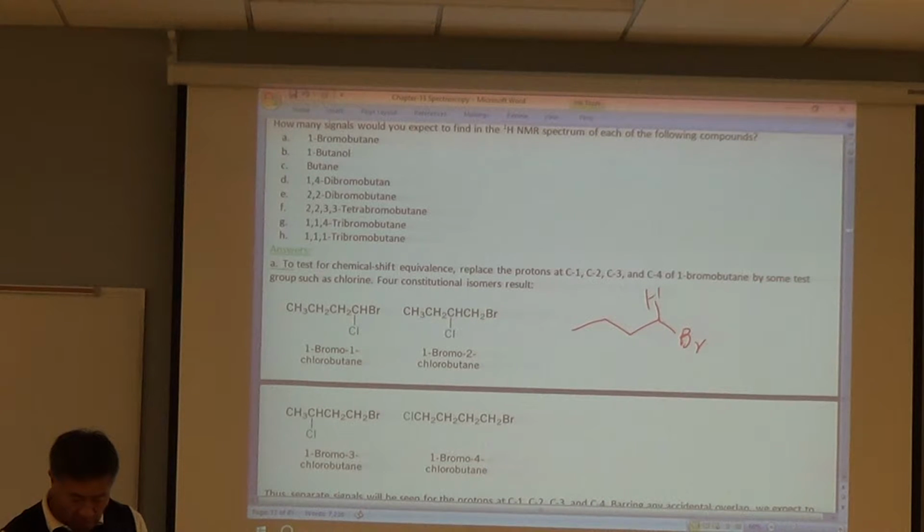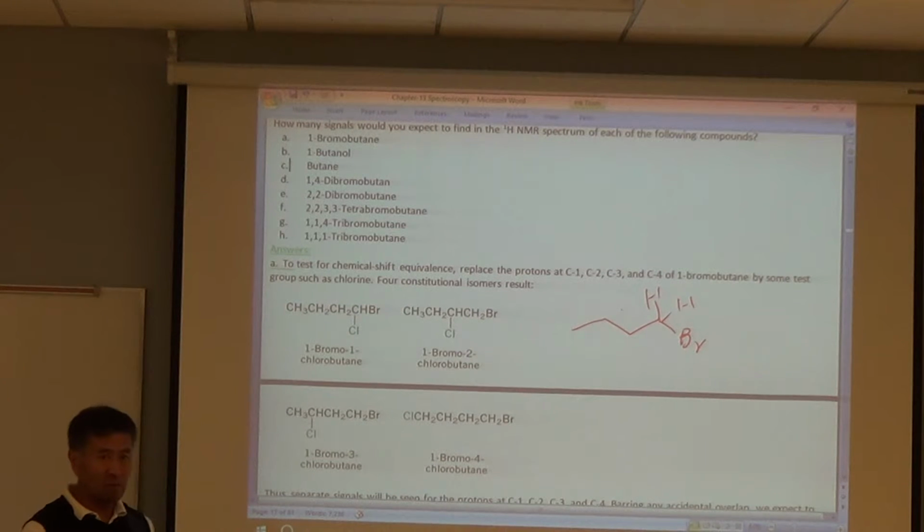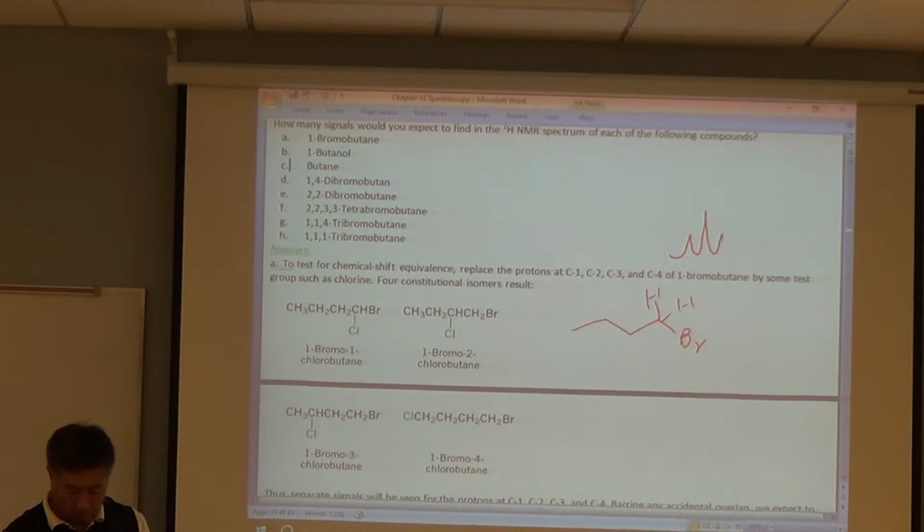So here you will have a 2H, and that will give you one signal. That one signal will be a triplet. The integration will tell you have 2H, and then you will see a triplet like that.